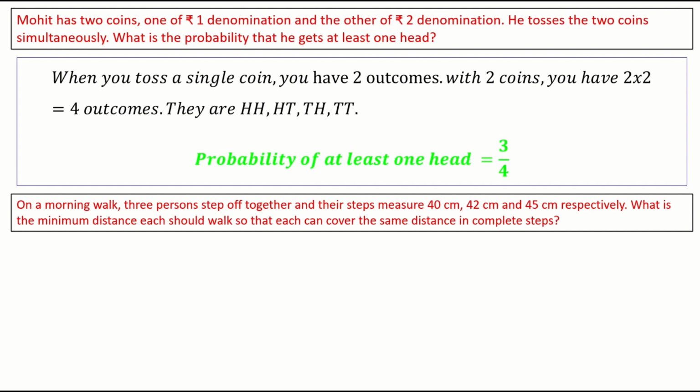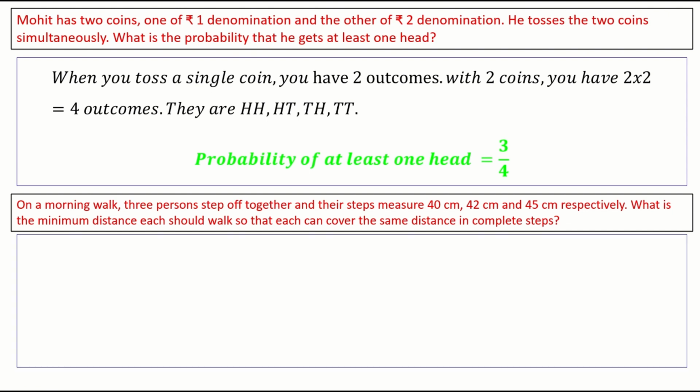So this is a very easy problem. What you need to find out is the least common multiple of these three numbers, right? Then you get the least number of steps each one will take so that they again meet each other. So you just need to take the LCM of these three numbers.